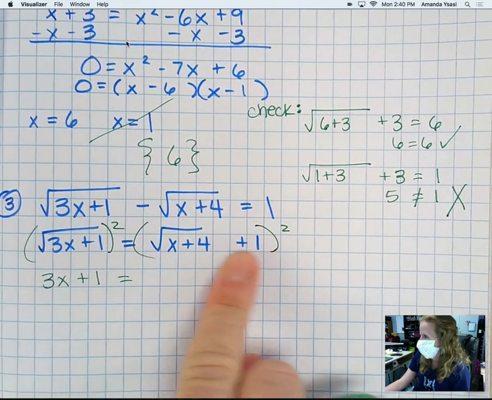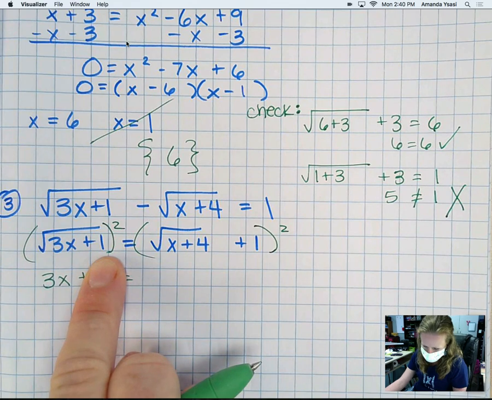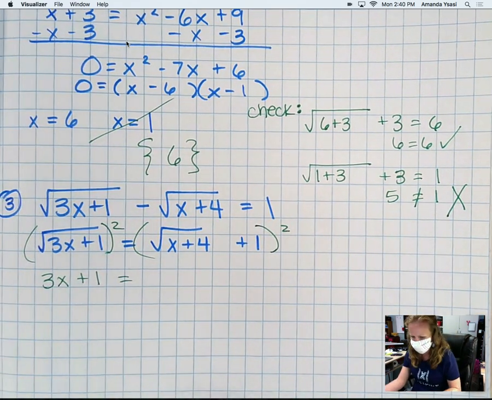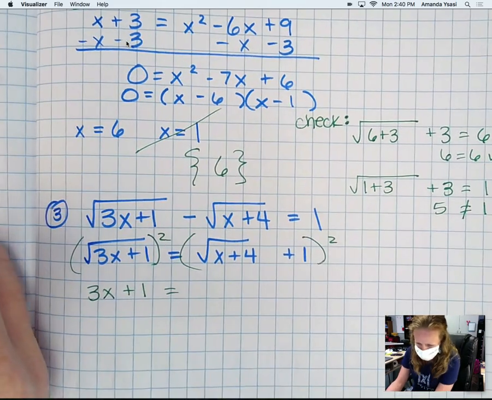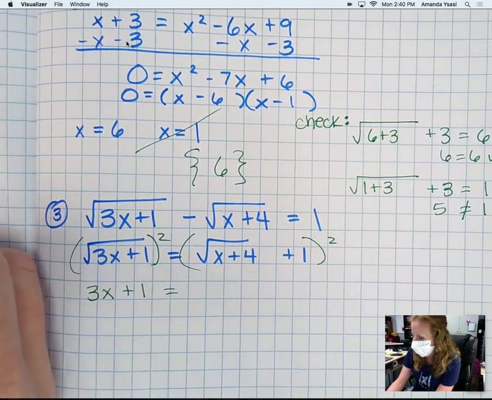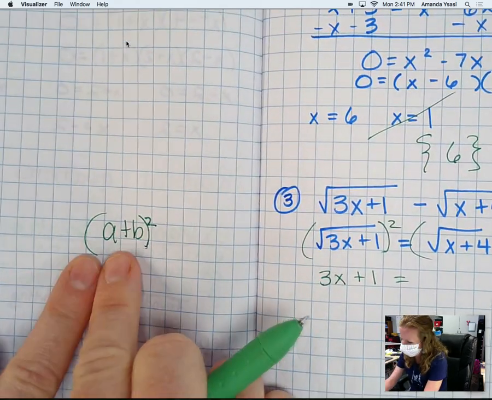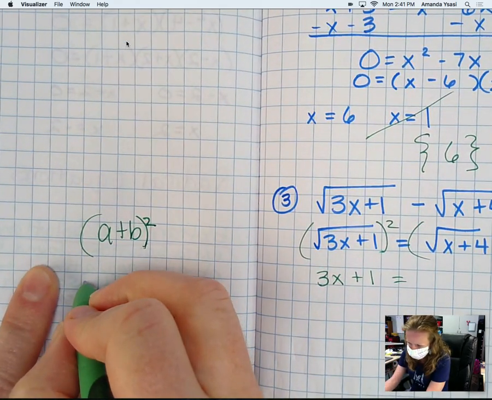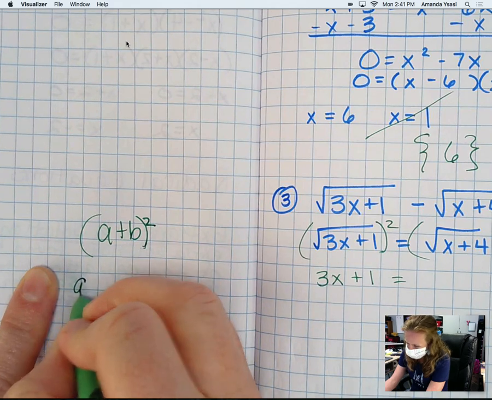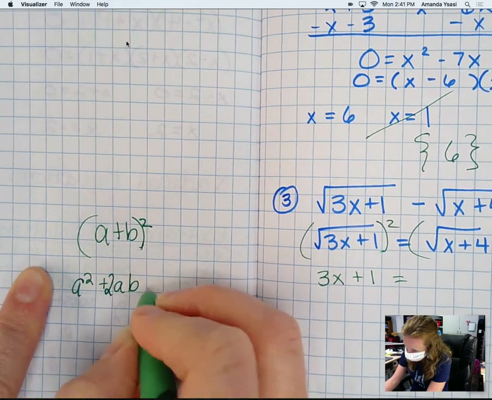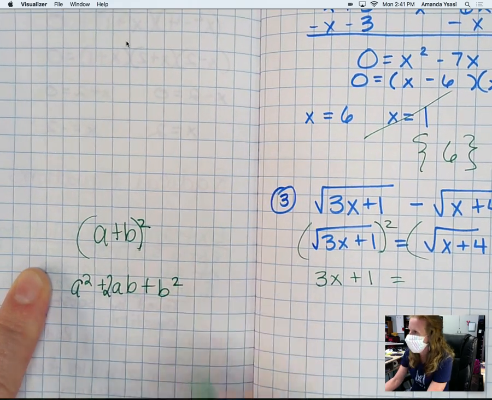So here, this seems kind of crazy, right? So remember, anytime you have (a + b) squared, it's the same thing, it's squared. Then you have a squared plus 2a times b, plus b squared.